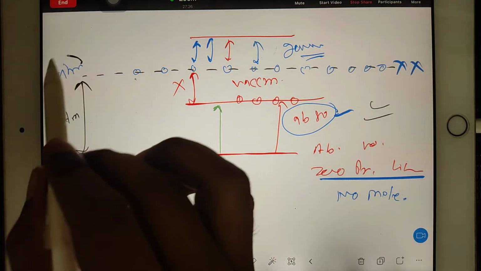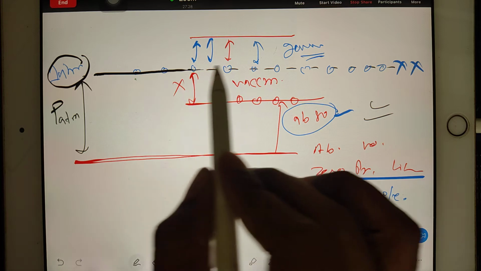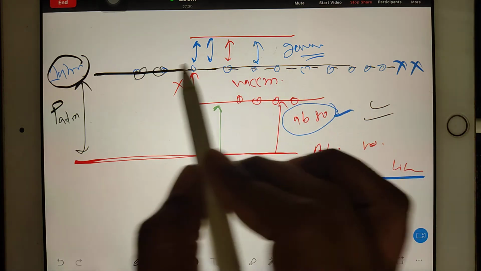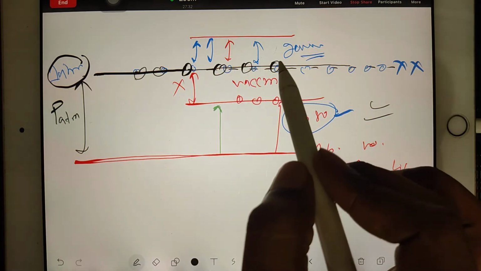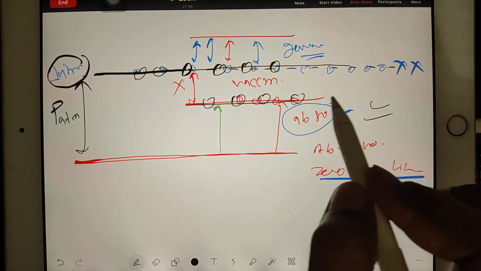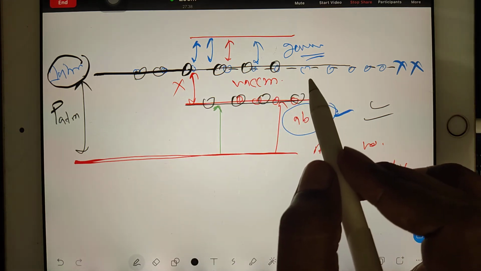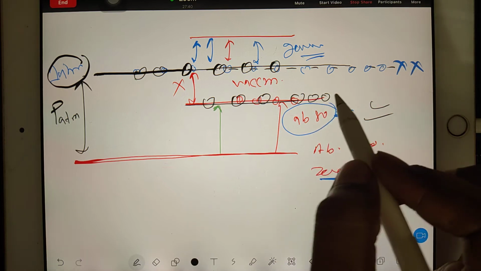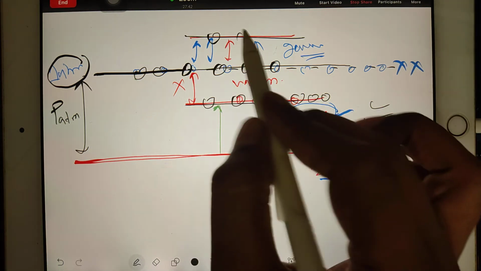So 1 atmosphere is also absolute pressure, because it is also because of those molecules which are present in the atmosphere and creating the pressure. This line is also absolute pressure, because it is present because of molecules, and the line above is also absolute pressure.